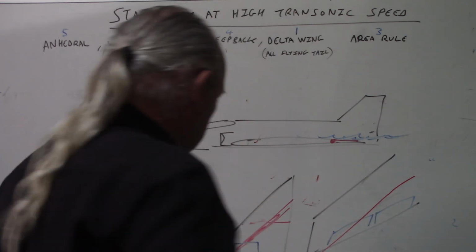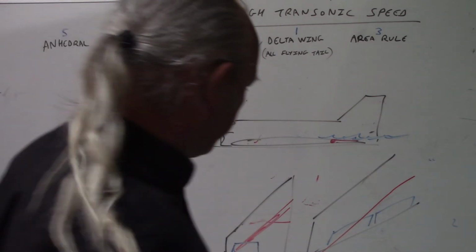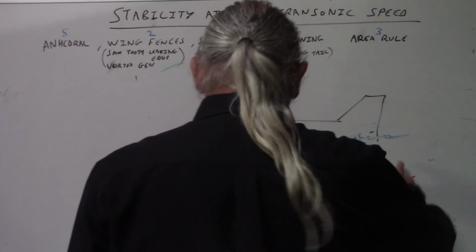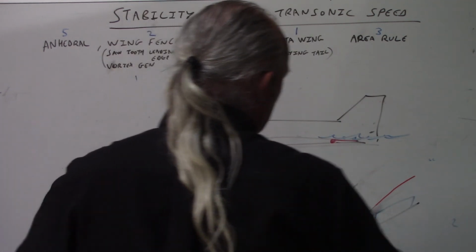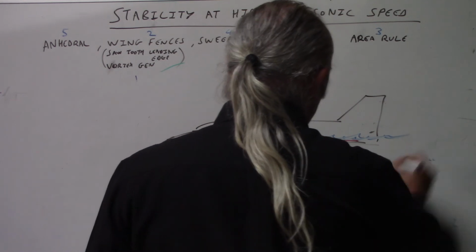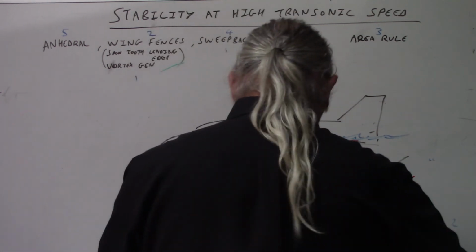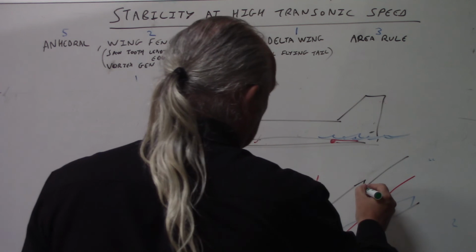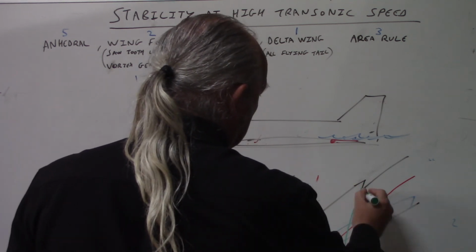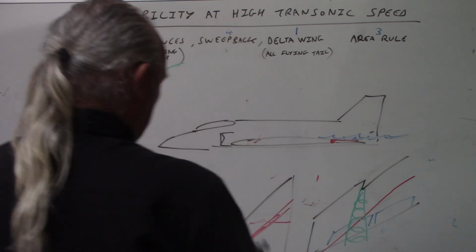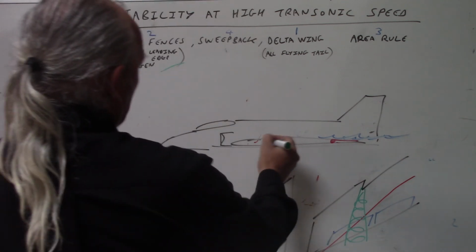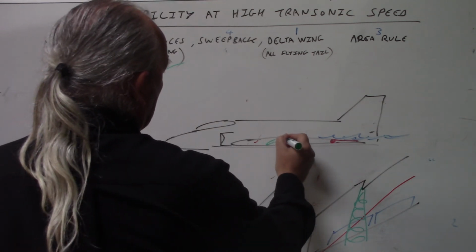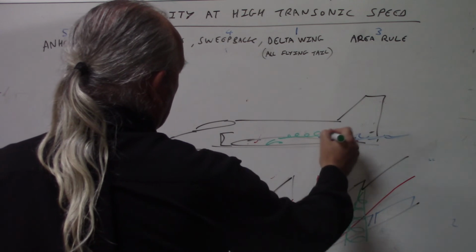So what you can do is have a sawtooth leading edge. If you put a sawtooth on the leading edge like that, now they're in various places on different aircraft, and what they do is create a kind of triangular vortex like that, which is some swirled air. So if I had a sawtooth there, you would get this kind of vortex that will go that way.